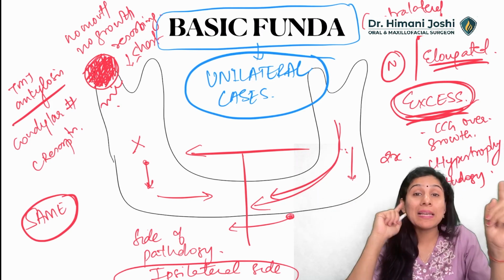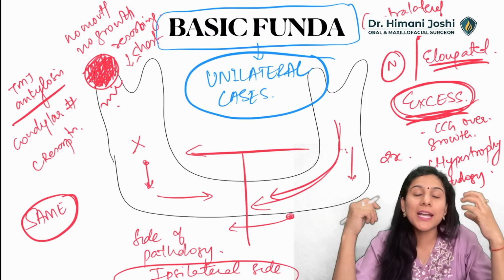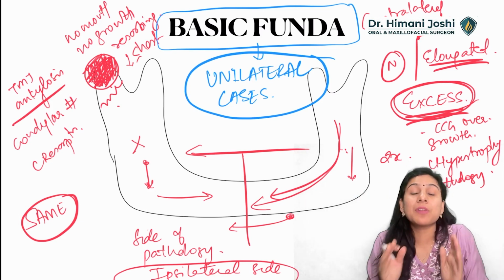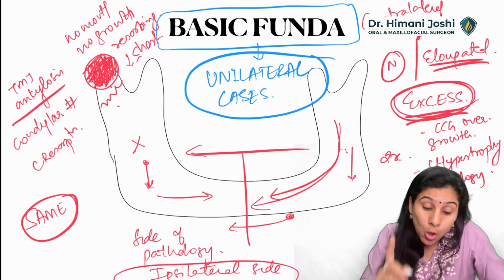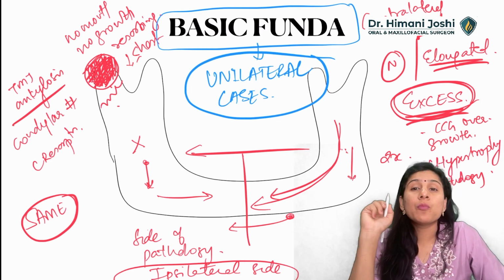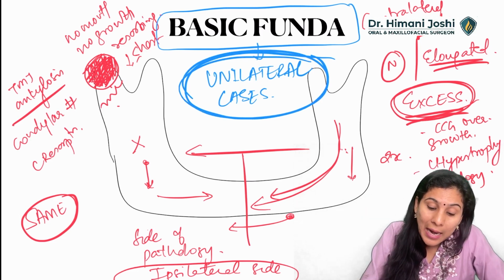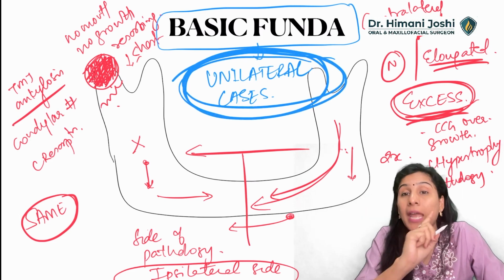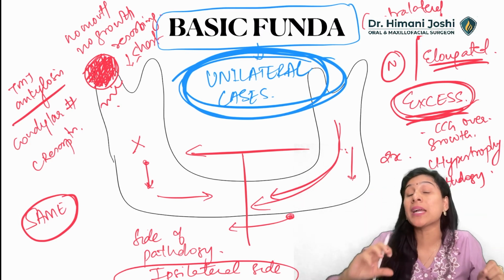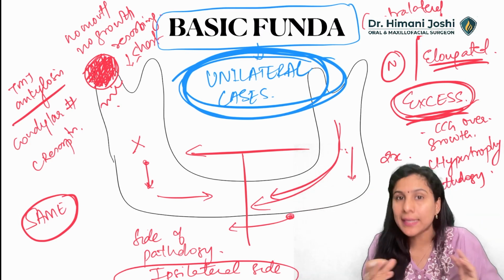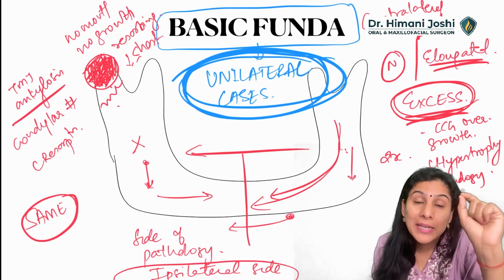If there is a bilateral condylar resorption and if it is equal, both sides will be short, both sides will be in the same place, there will be no deviation. So deviation of chin will only and only be seen in unilateral cases, never ever in bilateral cases. Or if the bilateral cases are having unequal growth, yes, then it can be there. Otherwise, mostly it will be seen in unilateral cases.